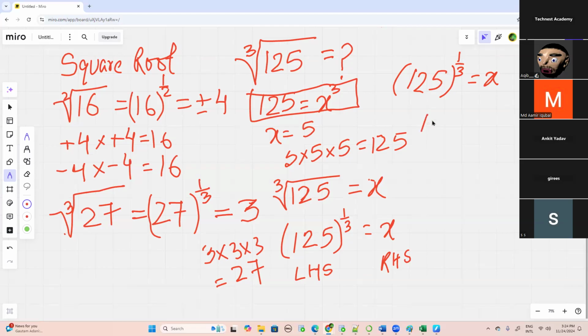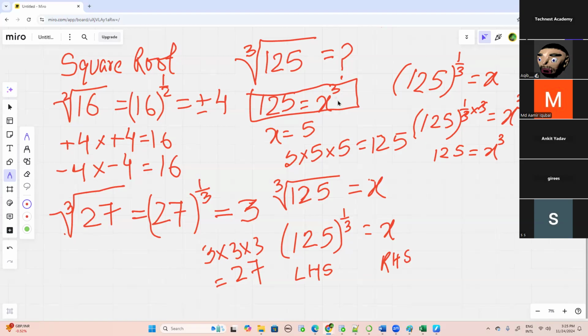So what will this become? 125 to the power 1 by 3, to the power 3. So the same thing you have to do here as well. Now this 3 and 3 will get cancelled. So you will get 125 equals x to the power 3. And that is what you have here. So this is the meaning of cube root of anything.